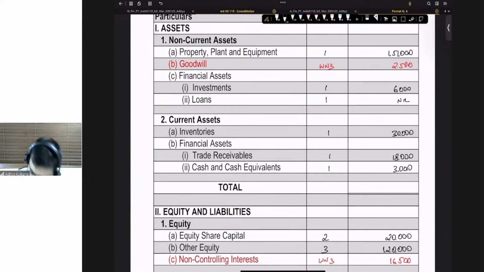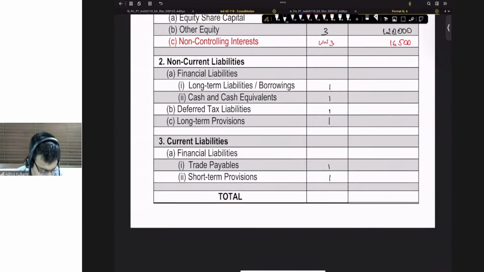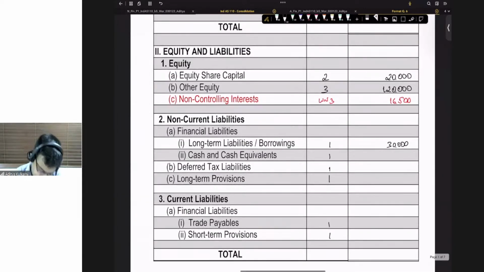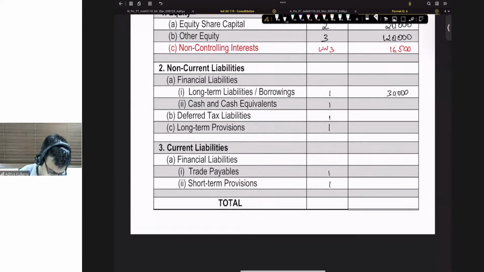You can total up the balance sheet later. Long-term liabilities and borrowings 30,000. Cash and cash equivalents appearing. Oh, sorry. Wrong. Please remove this. It's already considered above.